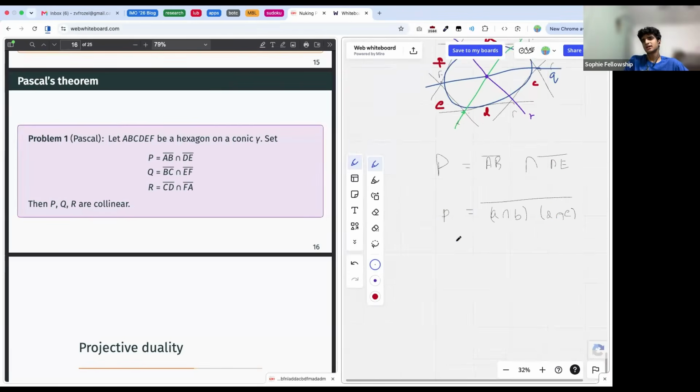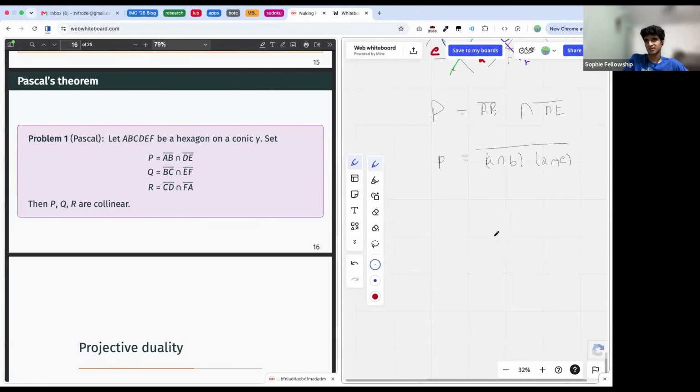And I think a nice application of this is if you have a triangle ABC and you make the incircle of ABC touch the sides at D, E, and F. I want to prove that AD, BE, CF are concurrent. And can we find a proof using Brianchon over here?